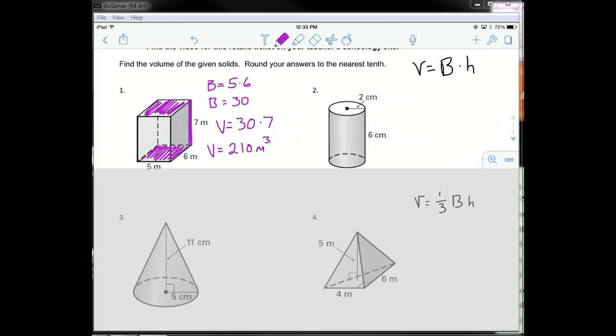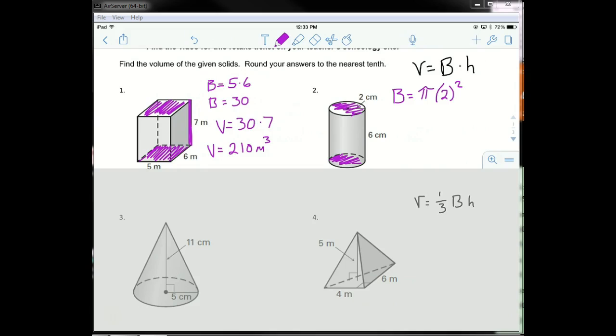For a prism, the cylinder is similar to that, though our formula for the area of the base is going to be a bit different. Area of the base is equal to, this time we have a circle on top, a circle on bottom, making it a cylinder. The formula for a circle, pi r squared, the radius is 2, so I'm going to say pi 2 squared.